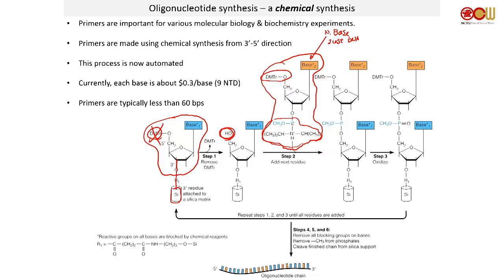This allows a chemical reaction between the hydroxyl group and the hydroxyl group right here. This phosphate-looking thing is going to react with your hydroxyl group on the silica beads. The rest of this molecule is gone.